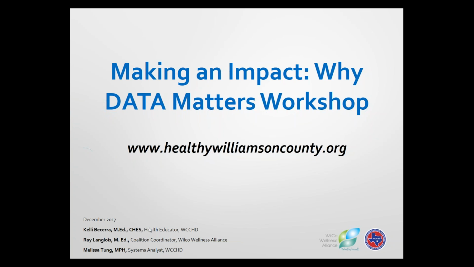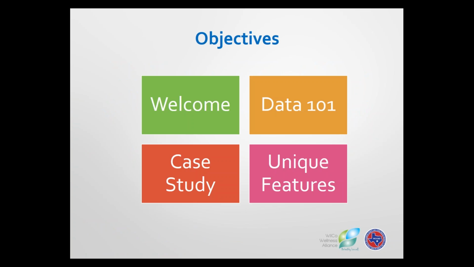It's a one-stop shop that we, as the Alliance and as the Health District, want to use to empower the community to make better data-driven decisions as well as improve the health of the community. So, a couple of objectives. One, we're going to give a brief overview of what data is available on the website, as well as teach you some of the different steps for searching for data.